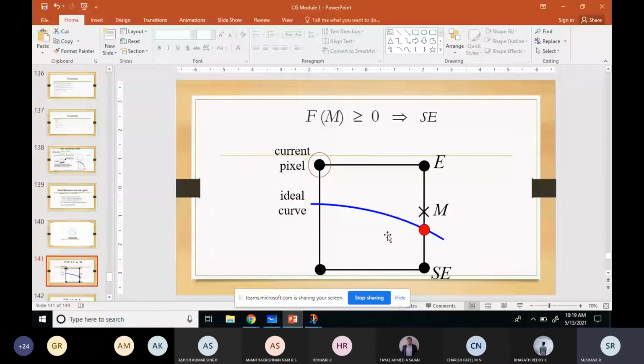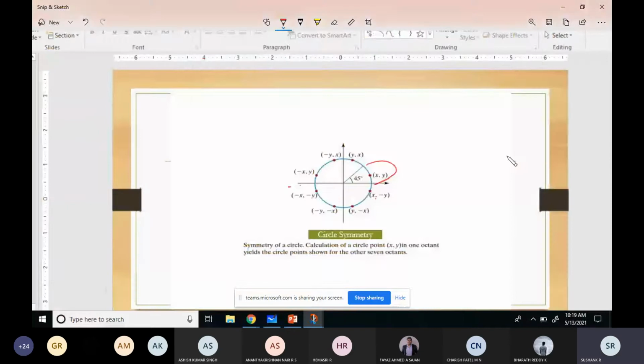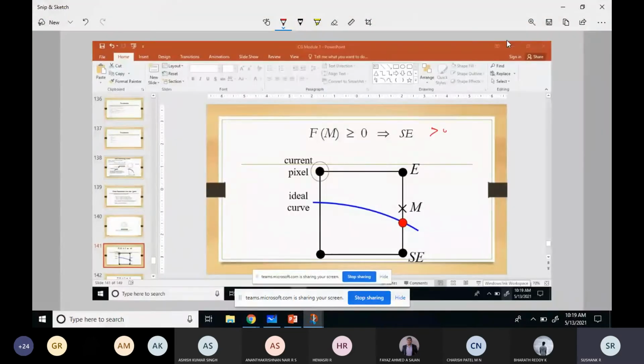One second, I'll just snip this. Okay, so greater than 0, outside the circle. Now this is the midpoint.